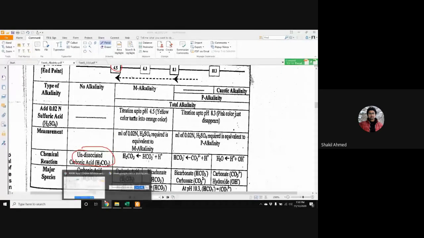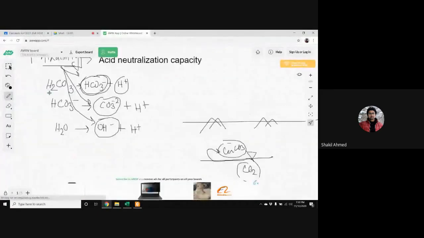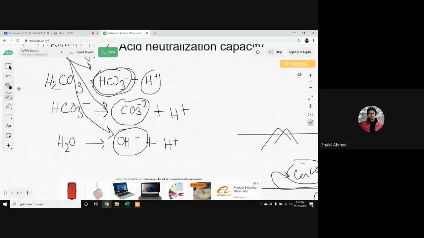That means it does not dissociate at pH less than 4.5. It only dissociates when pH is greater than 5. Then it dissociates and gives bicarbonate ion and hydrogen ion.